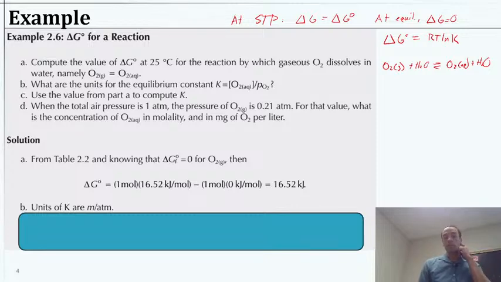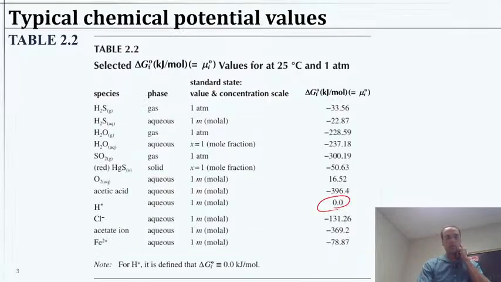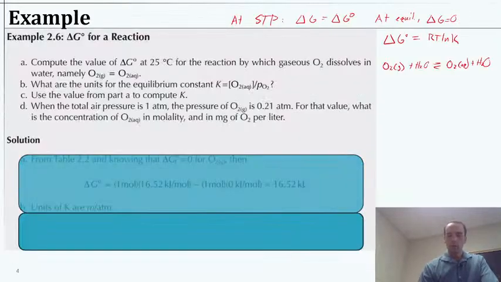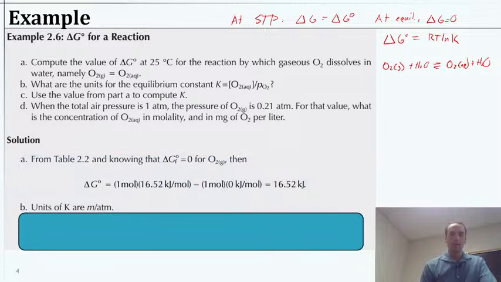Okay, so from table 2.2, which is probably what we were just looking at. Yep. So we could have come back to here and checked this table for this value. And probably with the water. So we could say delta G for formation, the standard, is 0 for oxygen gas.